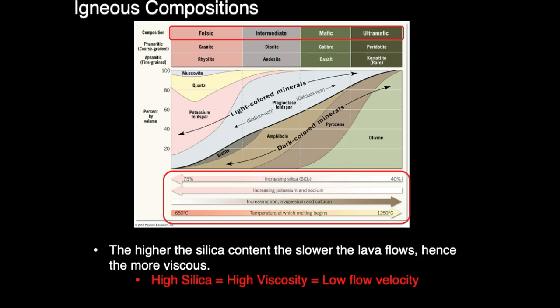So the rocks that have a greater silica content are characteristic of magmas that are more viscous prior to crystallization, okay? The greater the silica content, the more viscous they are. Viscosity itself is basically the flowability of a material, so how fast will it flow? How fast will it move?